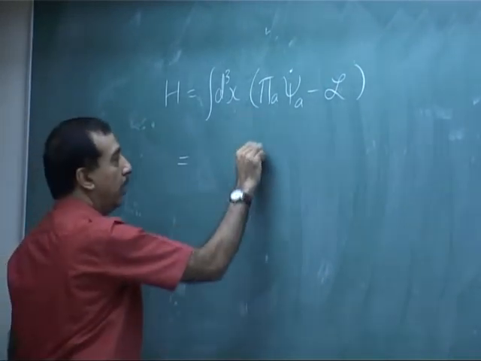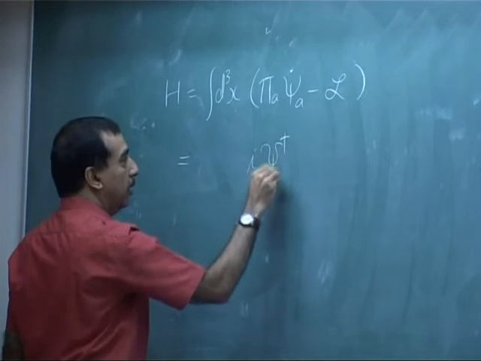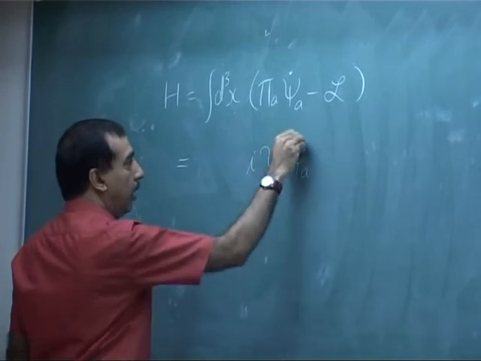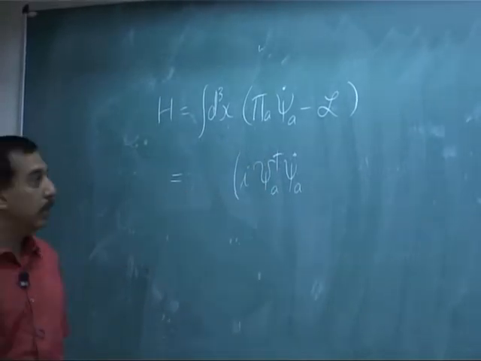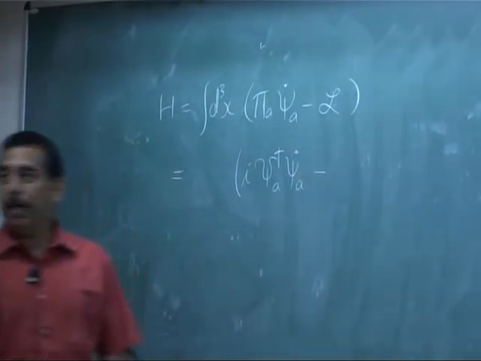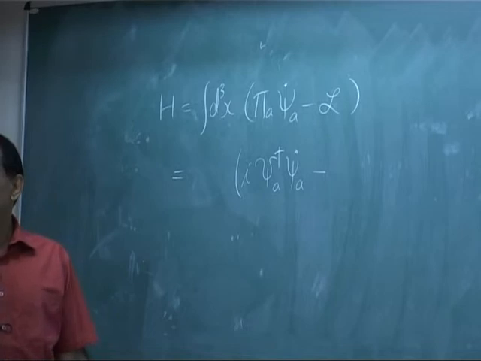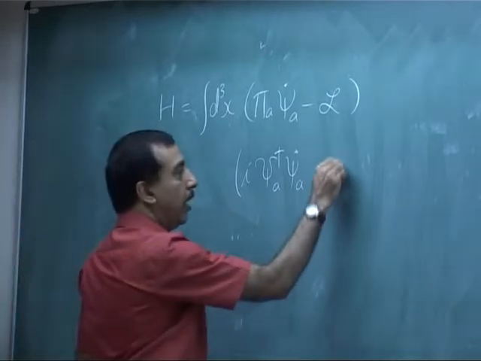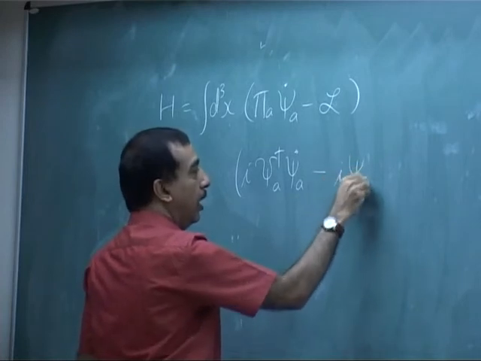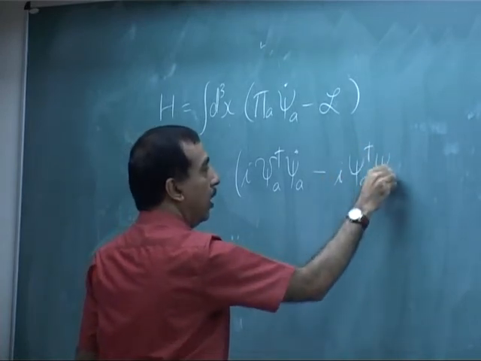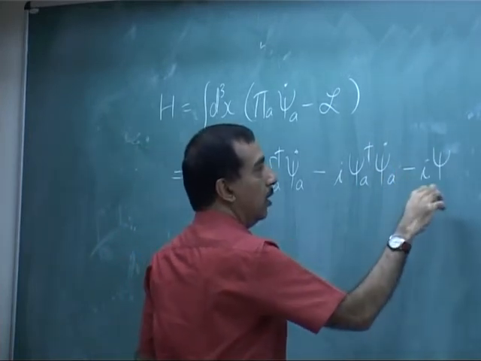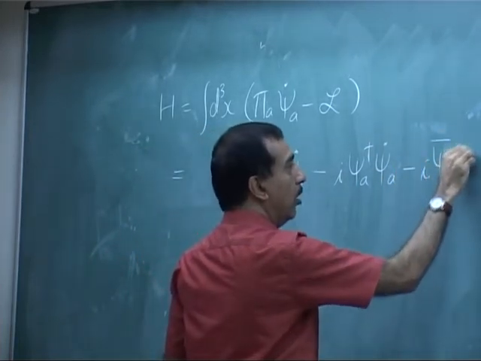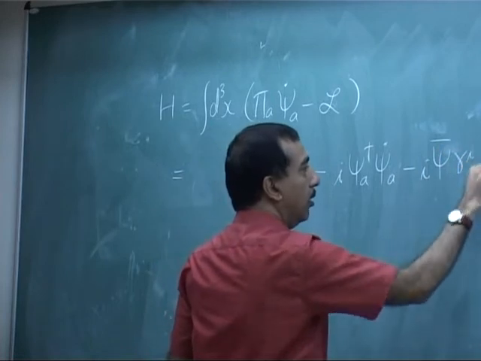Here you get i psi_A dagger psi_A dot. Now what is L? L is minus i gamma^mu del_mu of psi and then the mass term. In that one, there is a term minus i psi_A dagger psi_A dot and then minus i psi-bar gamma^i del_i psi.